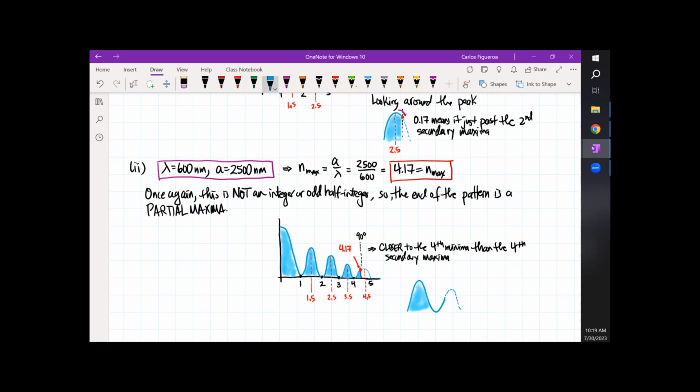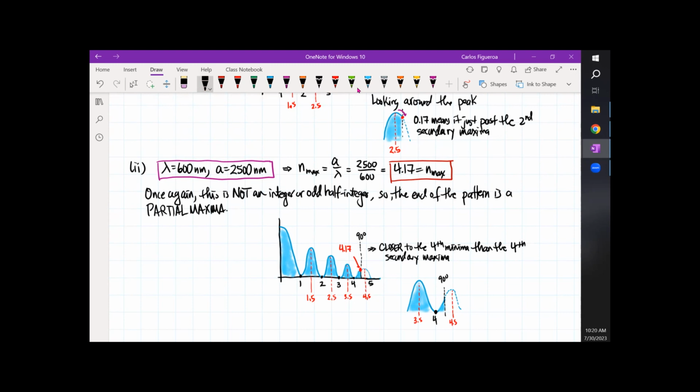At this point, this is at 90 degrees, and there's only this little tiny bit here. This one is at 3.5, this one's at 4.5, and our minima right here is the fourth.